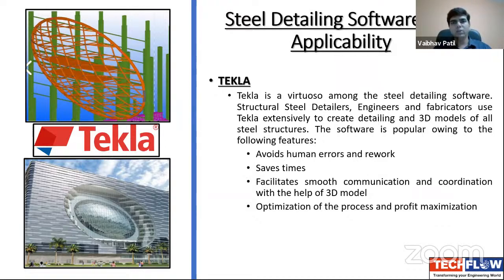So you gather all these models into one model and check in 3D if there is a clash of piping with the steel, or HVAC duct with the piping. You can raise questions and avoid the clash. This leads to optimization of process and profit maximization.